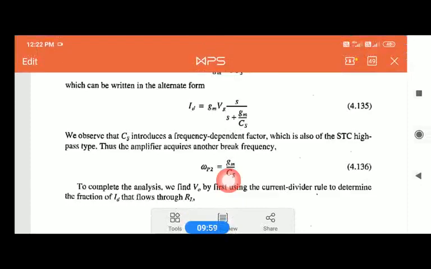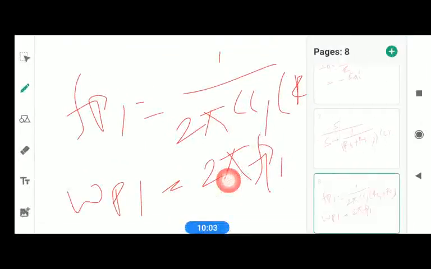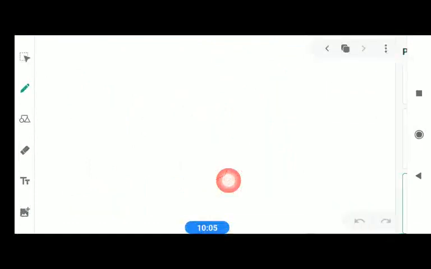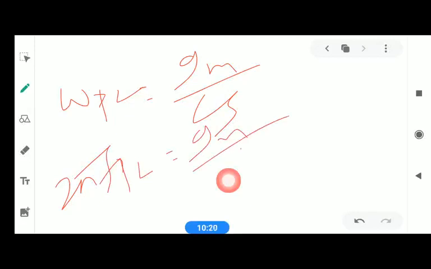So omega p2 is equal to Gm by Cs, therefore 2 pi fp2 gives you Gm by Cs.